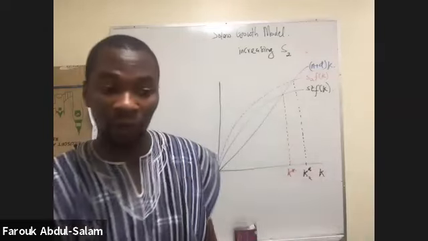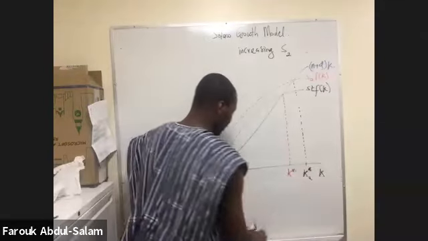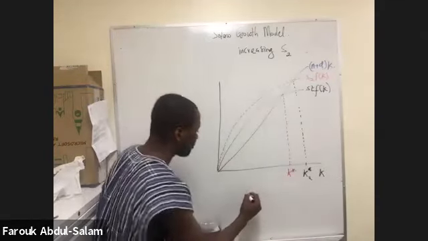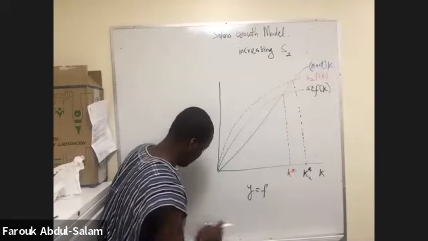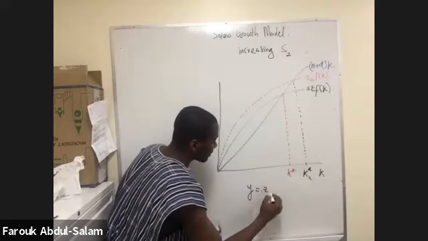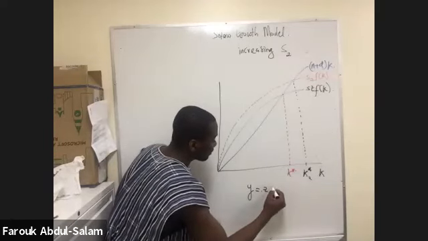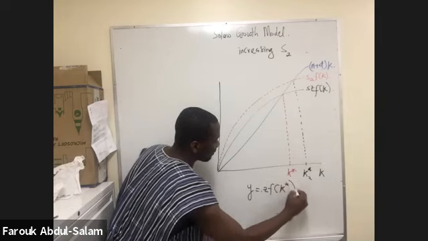Is that okay with everyone? Okay, good. So we now have this K2. Now the question here is, remember, output equals Z as a function of F as a function of K star.